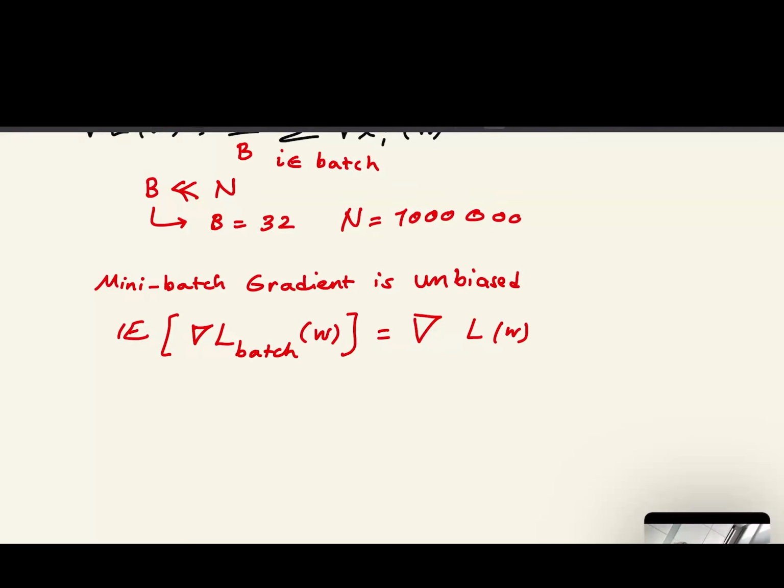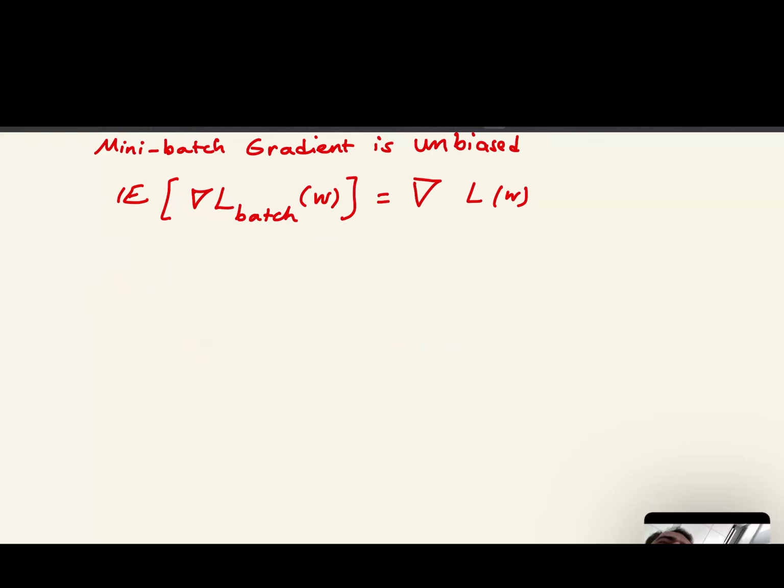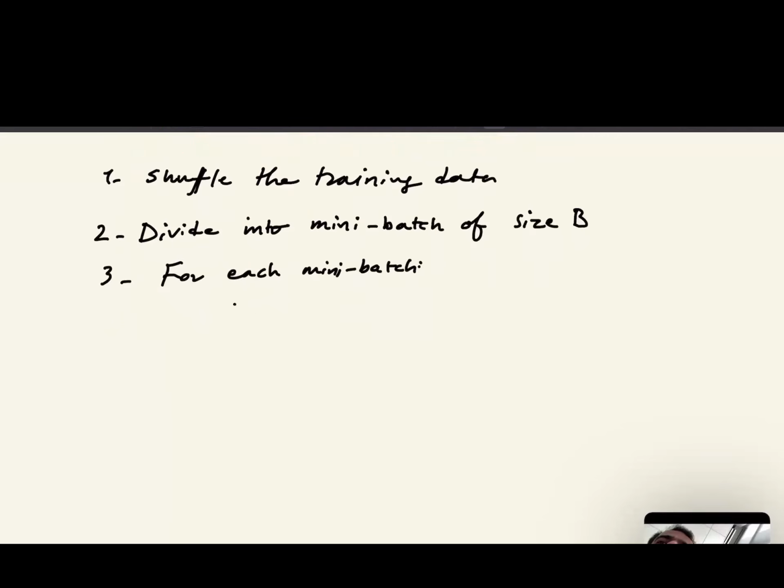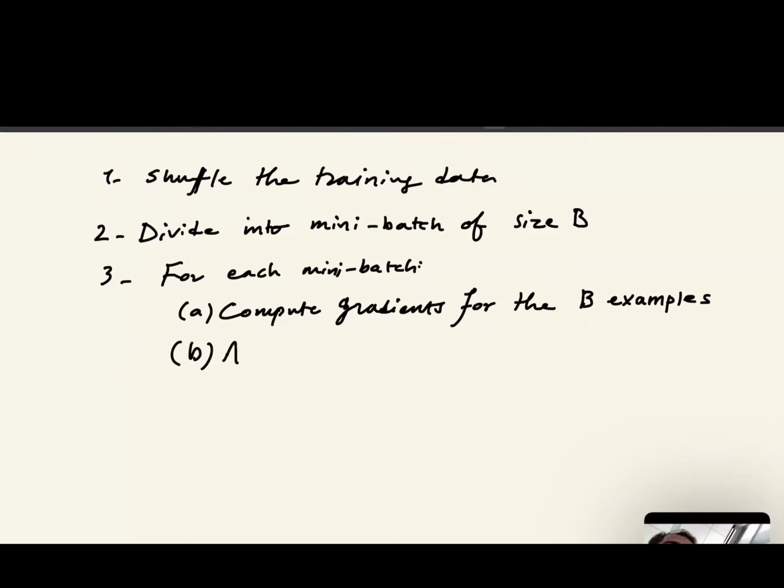You should know that this is an active field of research, on how to make this more theoretically rigorous. So if we want to give an algorithm for stochastic gradient descent, we first shuffle the training data, then divide it into mini batches of some selected size B. Then for each mini batch, we compute the gradient, average them, and update the parameters.